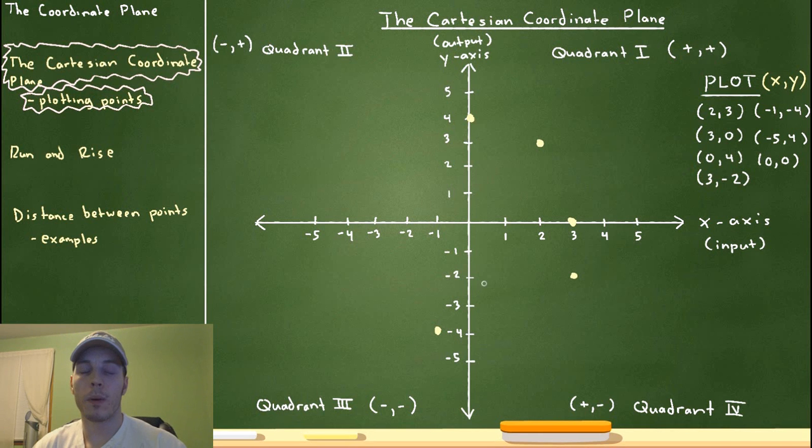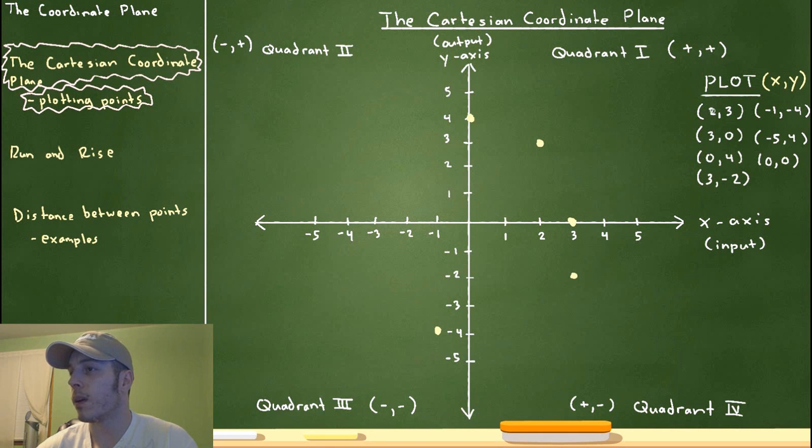At this point, let me point out a fairly common mistake. These coordinates here are x, y coordinates. We need both sets of directions to be able to plot our point. Now this is representing a single point. It does not represent 2 points.